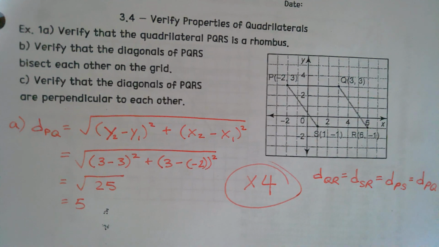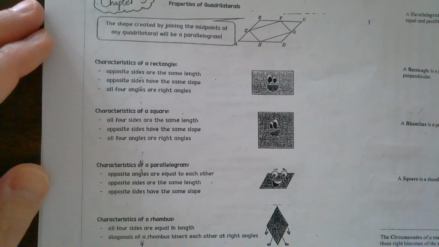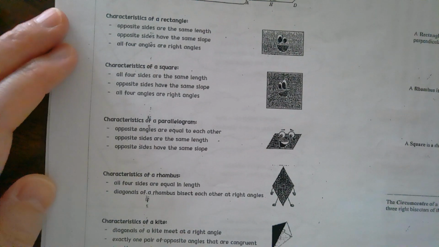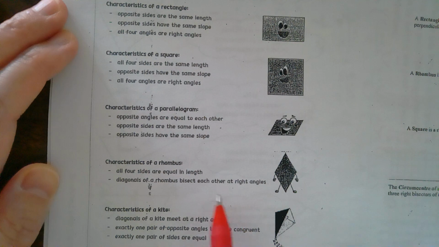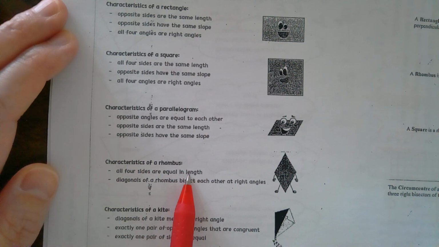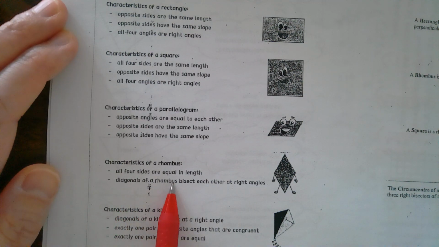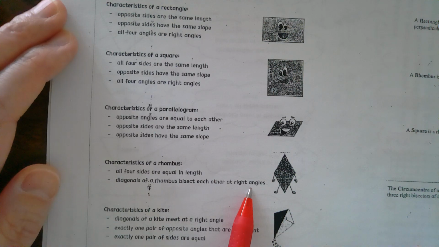All right, so take a look at the first page of this package. Ta-da! Here are the properties of all the shapes. So if you take a look at rhombus right here, all four sides are equal in length. Oh, we did that. And the second one is the diagonals of the rhombus bisect each other at right angles.